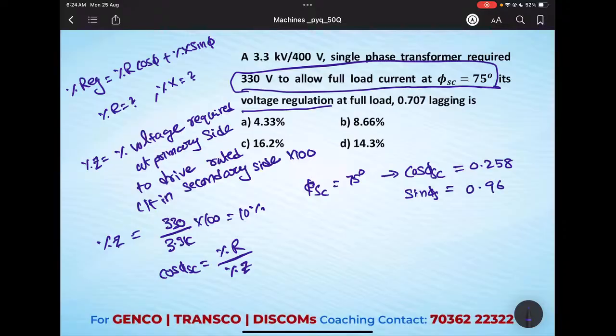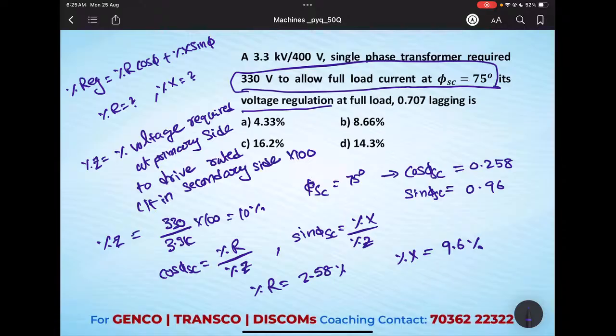I am taking approximate values. And sin phi SC is equal to percentage X divided by percentage Z. From these two formulas you can calculate percentage R. Percentage R will come around 2.58. From this you can calculate percentage X, which will come around 9.6%.